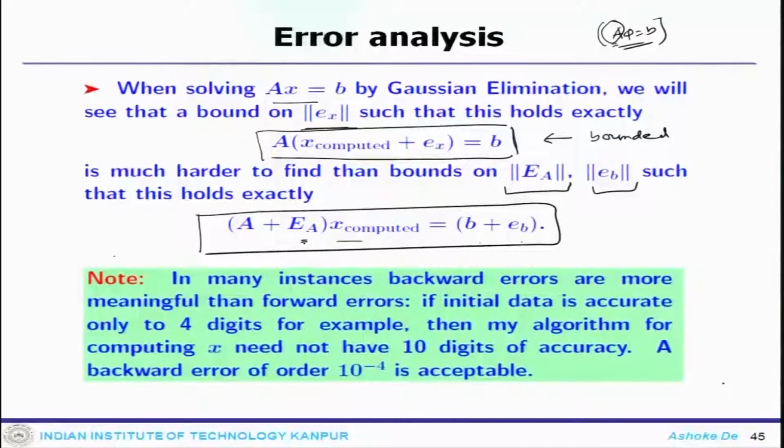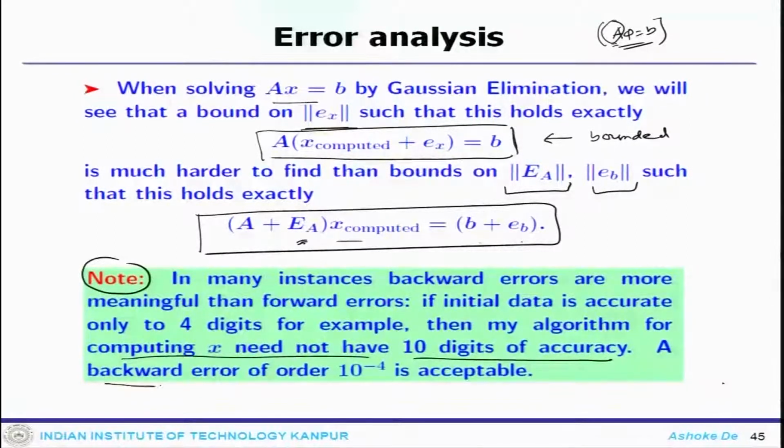Please note here that in many instances the backward errors which are shown here are more meaningful than forward errors. If the initial data is accurate to a certain digit, or let us say 4-5 digits for example, then the algorithm for computing x need not have 10 digits of accuracy.